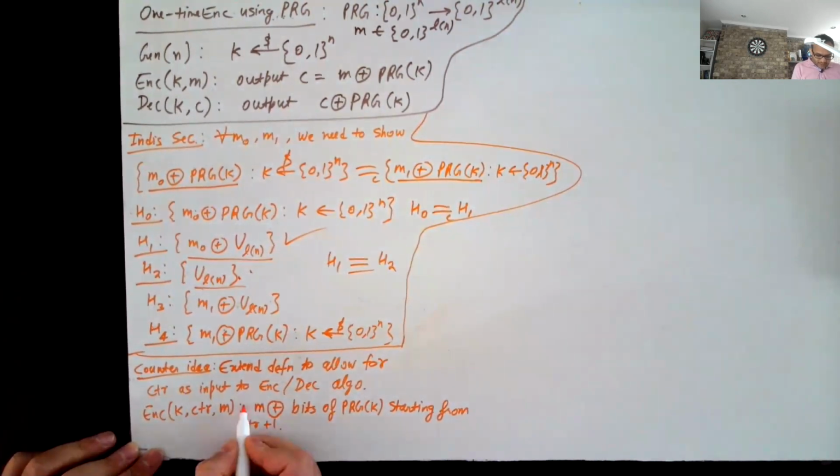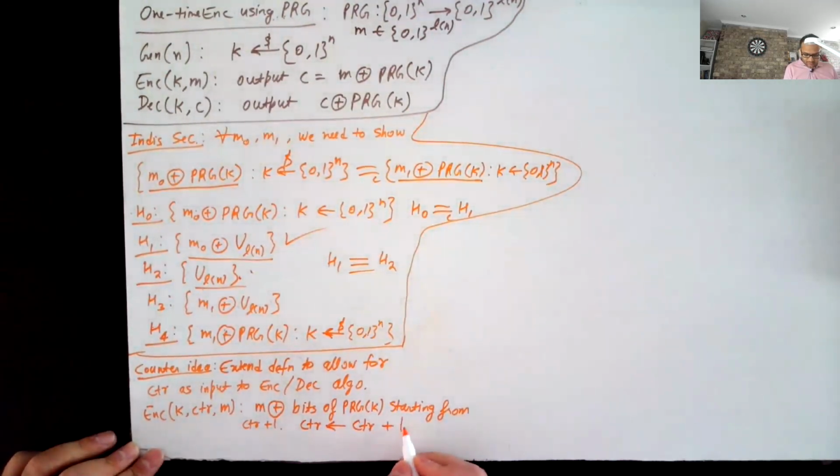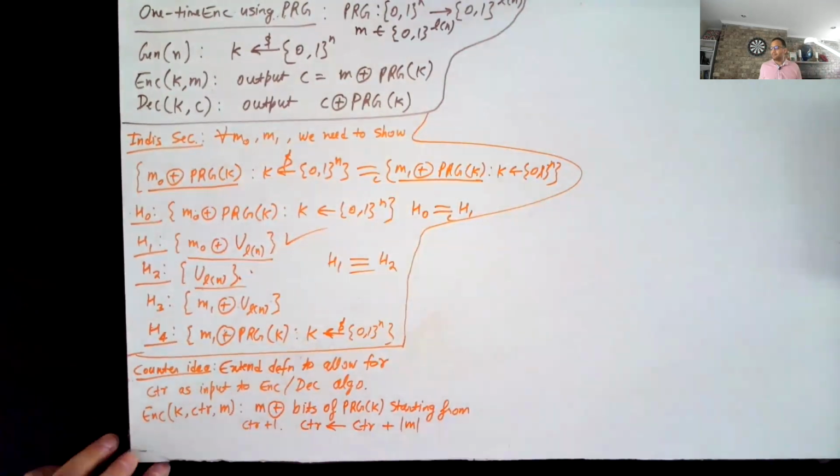So that is your ciphertext. And then your CTR becomes the older counter plus the length of the message.